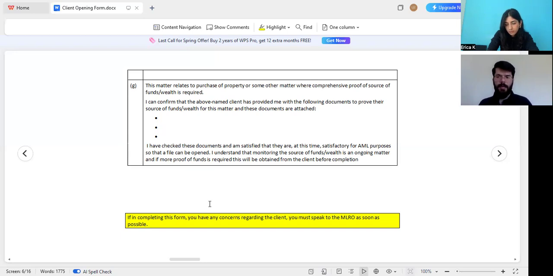Because it could be the case where a person is just the neutral party to a transaction that's happening cross border.